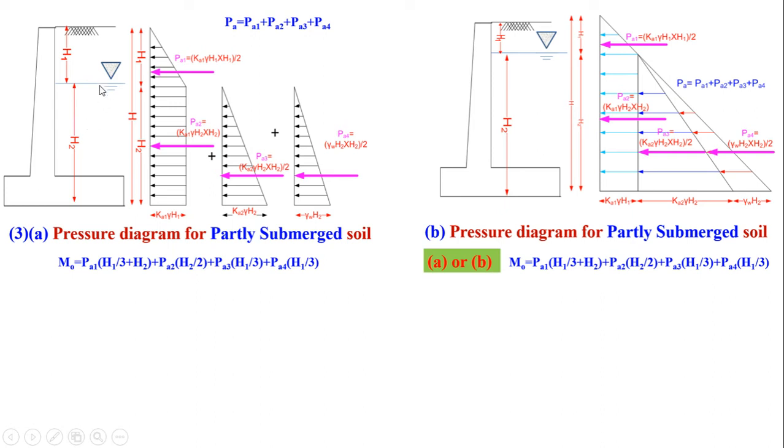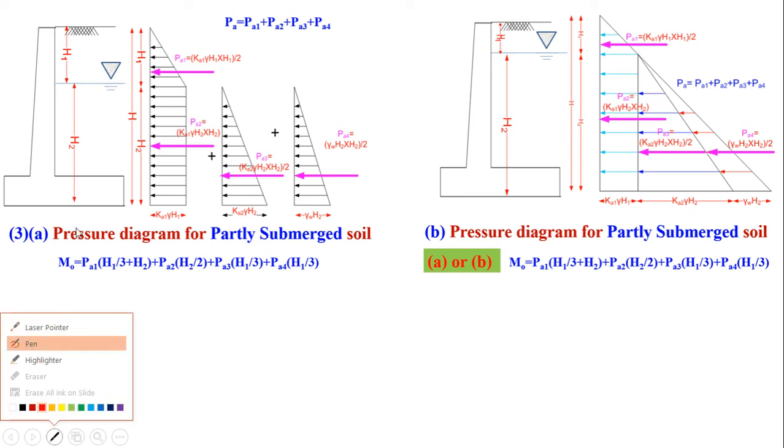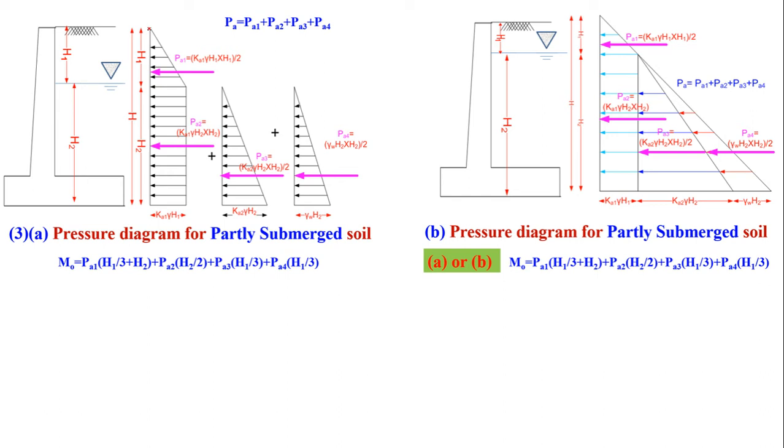Okay, so first we draw the pressure distribution diagram for the soil above the water level. For the above water level, we'll get 0 intensity of pressure at the top, and we'll get the maximum intensity at this end, at the position of water level.